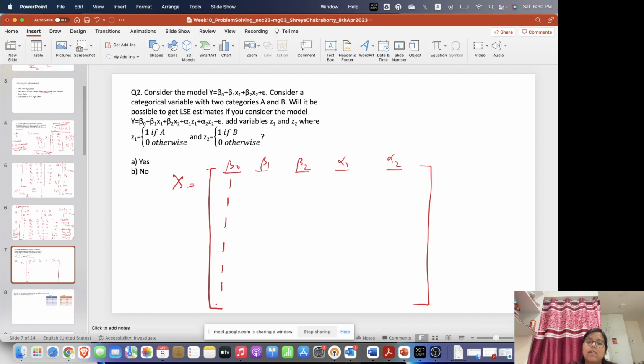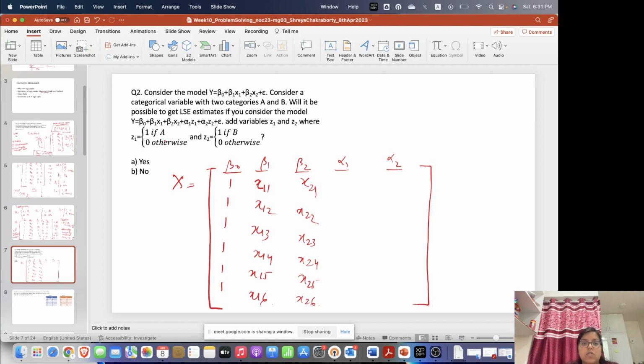Let us consider 6 observations just for general purpose. So this will be x11, x12, x13, x14, x15, x16. This would be something like x21, x22, x23, x24, x25, x26.